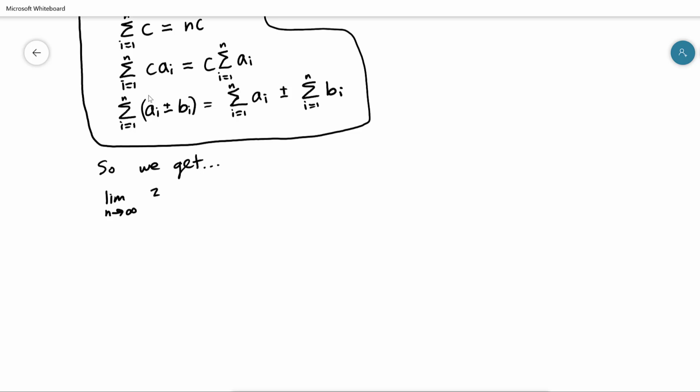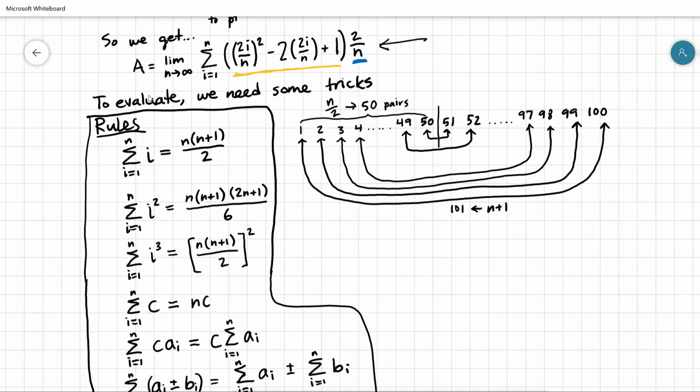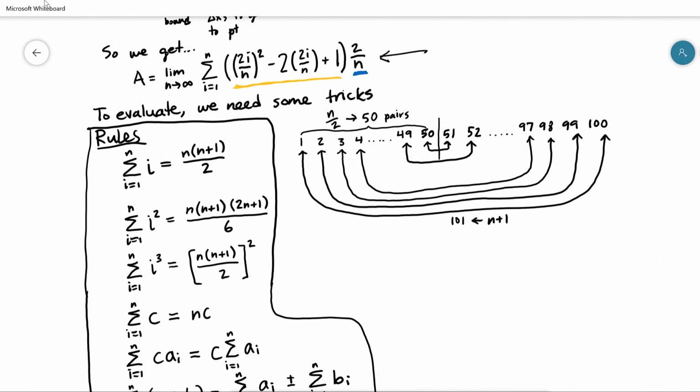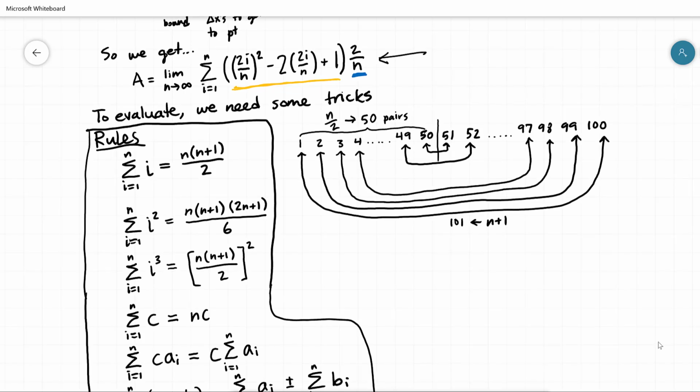But we had a 2 over n that was at the end. I'm going to pull it to the front, outside. So this blue piece right here, I can pull it all the way outside the sum because, again, as far as this is concerned, it has no dependence on i. You can pull it outside the sum. I'm basically utilizing this rule right down here, pulling this constant 2 over n outside of the sum.